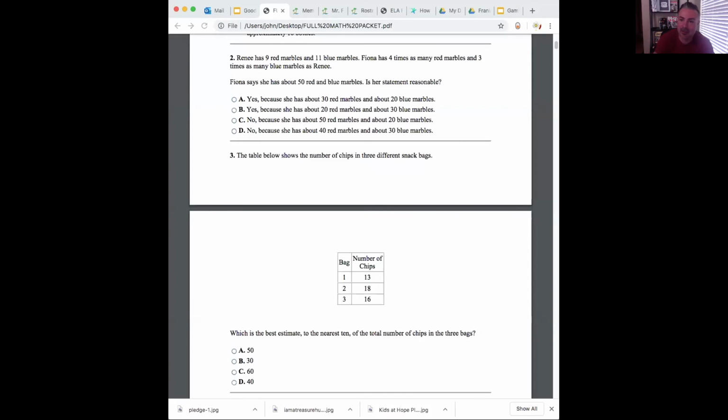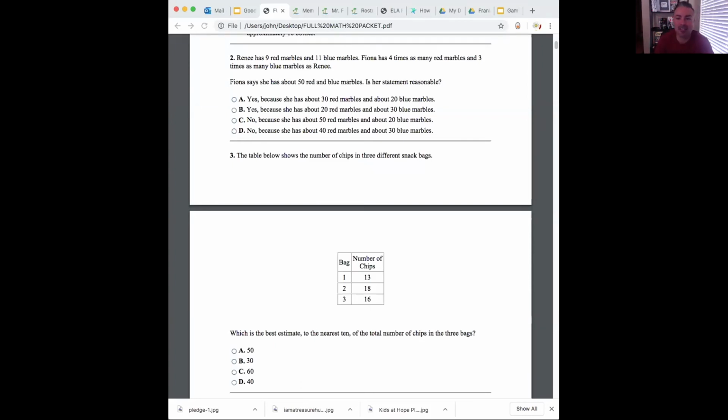A: Yes, because she has about 30 red marbles and 20 blue marbles. B: Yes, because she has about 20 red marbles and 30 blue marbles. C: No, because she has about 50 red marbles and 20 blue marbles. D: No, because she has about 40 red marbles and about 30 blue marbles.